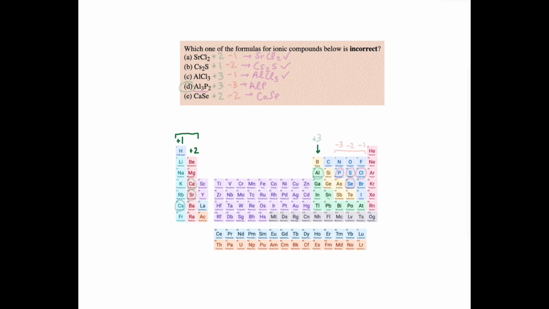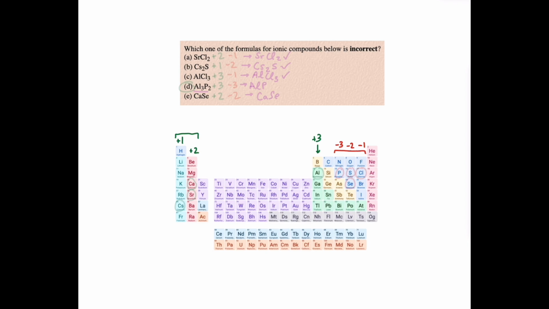And then going over here, we have the +3 cations. And then if we think about the anions, we have these final 3 columns here. And the noble gases, of course, do not form ionic compounds, but with the halogens, we have -1, then moving over -2, and -3. So if we go through each of our response options, we can first write the charges for our cations and anions.